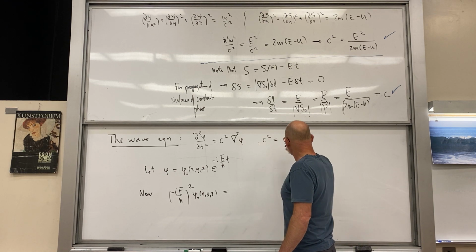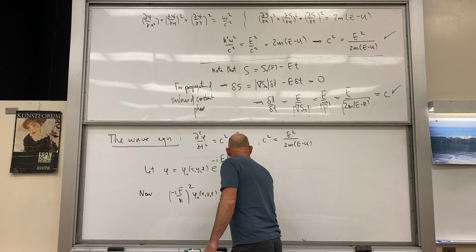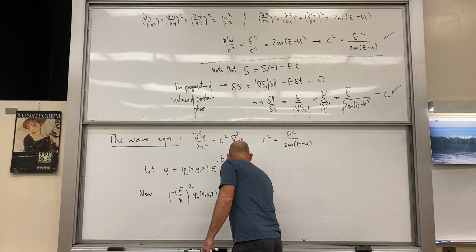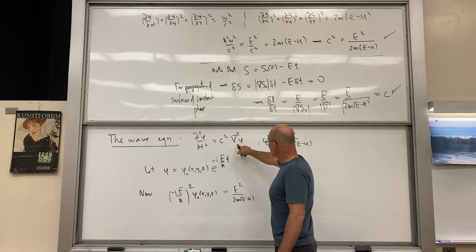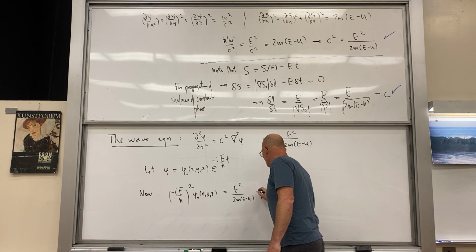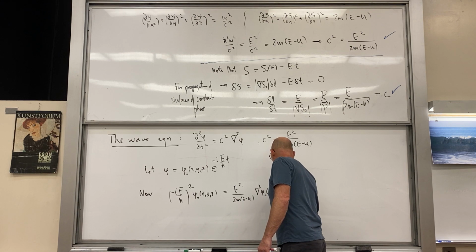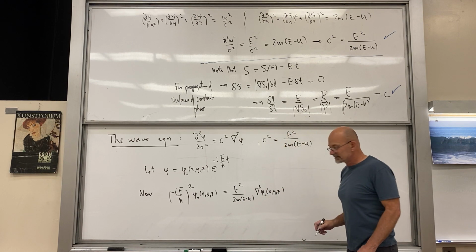So our c squared is going to be right here, it's going to be E squared over 2m (E minus U), and then it'll be del squared phi naught of x, y, and z.